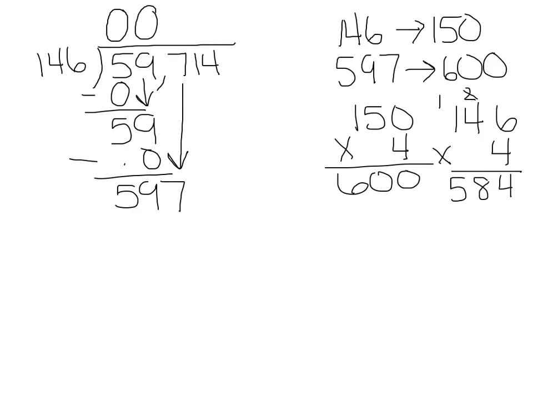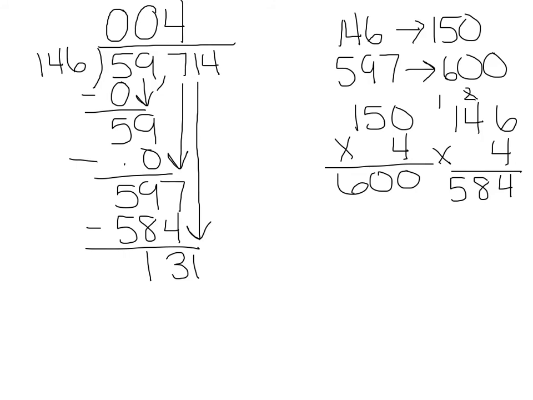And if I added another multiple, I would have to add 146. That would definitely go over 597. So 146 goes into 597 4 times, and that gives us 584. And then we subtract, and we get 13, and then we bring down.